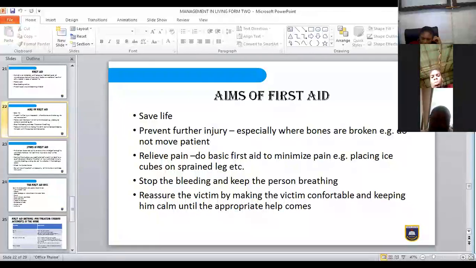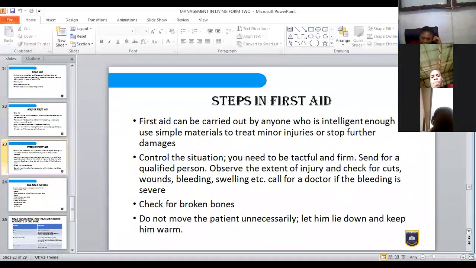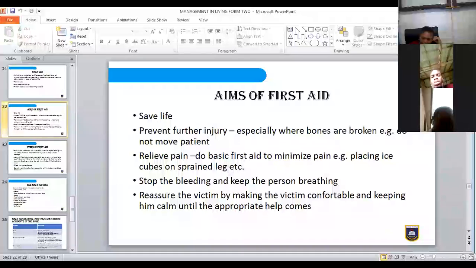Now, sometimes the way you even talk to an injured person will either increase the pain or decrease the pain.